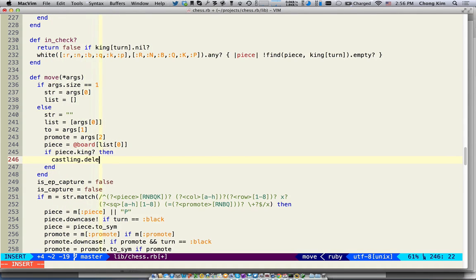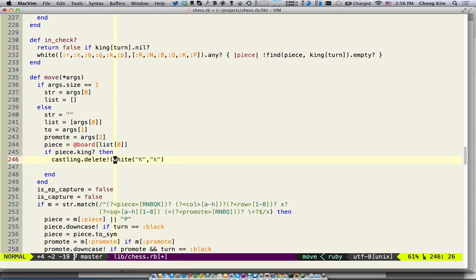So castling, we're going to delete if you're white, capital K, otherwise lowercase k. Okay. And we also have to do it for the queen side as well. So you lose the ability to castle if you move the king.